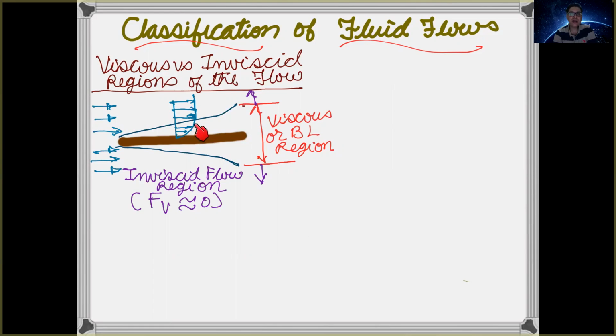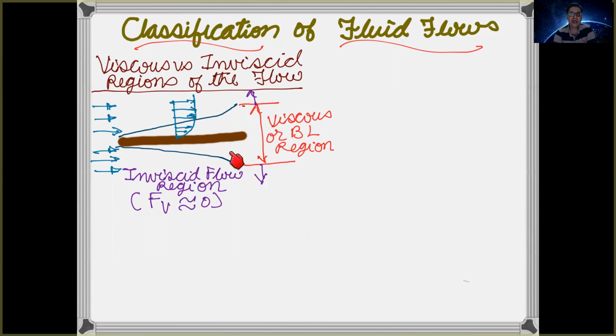So in this flow region, the viscous stresses or viscous forces are large enough. However, if you move away, this is what is shown as the boundary layer, outside which the velocity gradients are negligible, and the viscous stresses are also negligible. So outside this boundary layer, you have an inviscid flow region where the viscous forces are close to zero, whereas near to the wall, you have a viscous region.